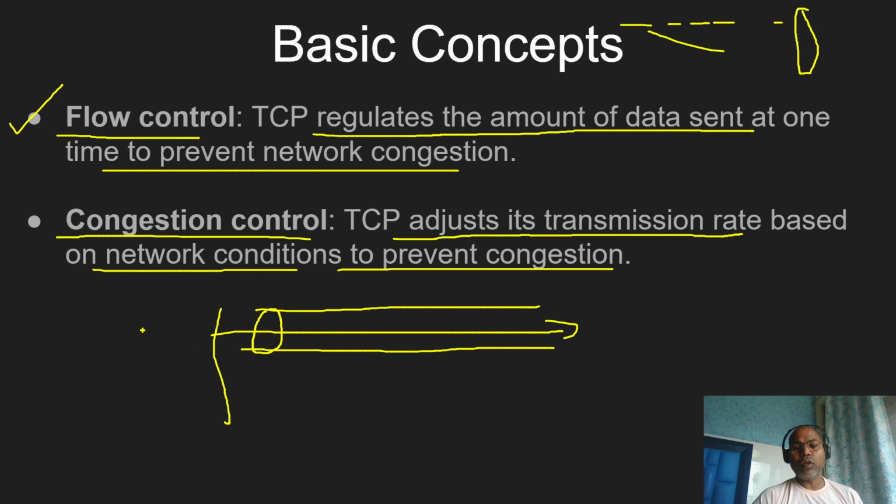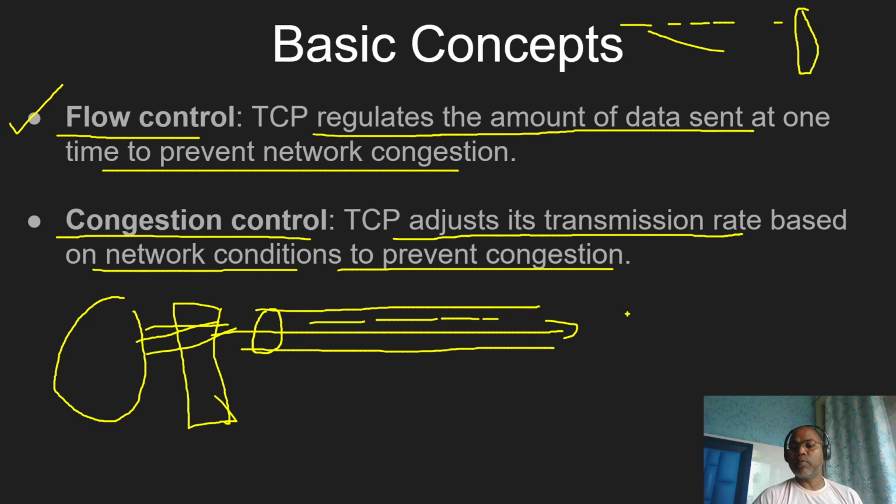TCP ensures that the sender, whatever big chunk of files it has, sends only at that maintained rate, so that the data is successfully transferred and the receiver can properly receive it. Depending on your network bandwidth, whether bits per second, bytes per second, MB per second or KB per second, that is what your plan provides.